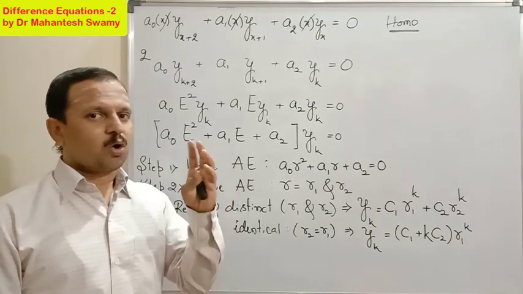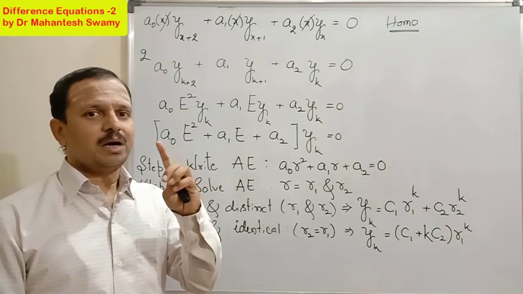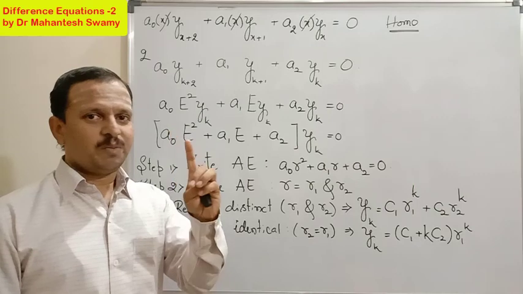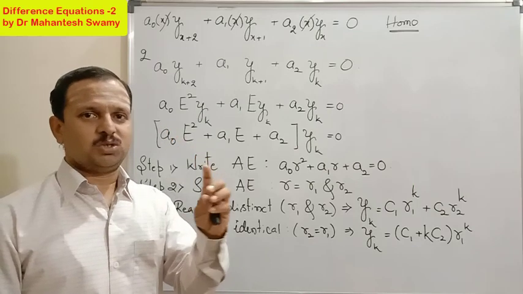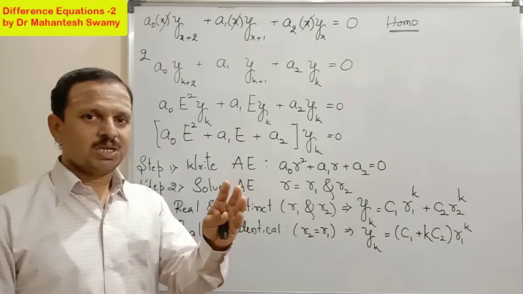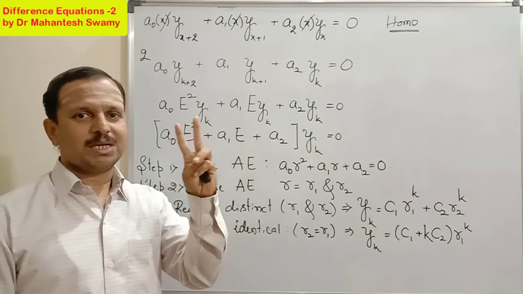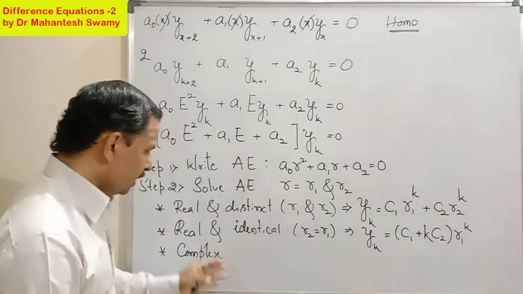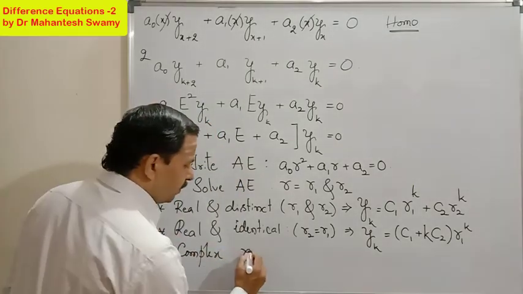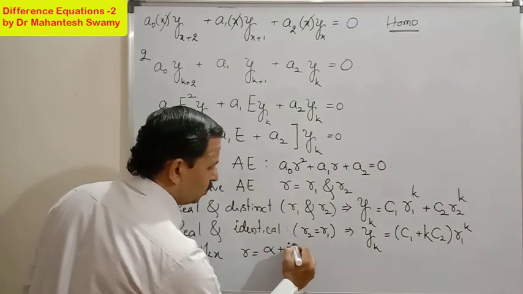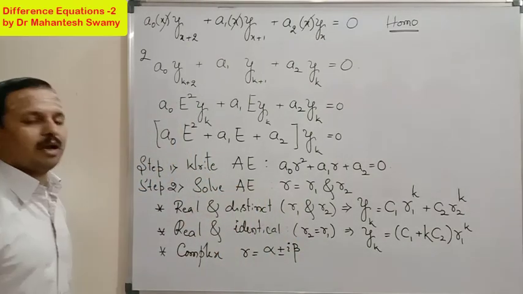That is, complex roots cannot exist singly. There cannot be a single complex root. Whenever a complex root exists, it will be in a pair of complex conjugates. So there will be 2 complex conjugate roots. In this case also, r will be in the form of alpha plus i beta, one root, and alpha minus i beta, another root.